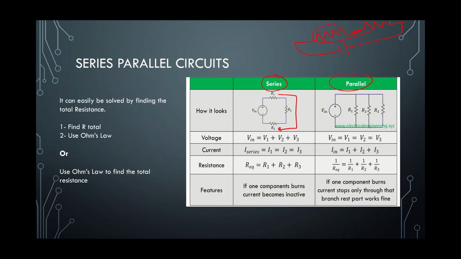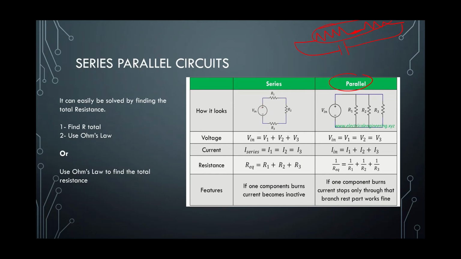So this kind of arrangement is called a series circuit. What are the characteristics of the series circuit? The voltages will be added together: V1 plus V2 plus V3 will equal Vn, or the source voltage.